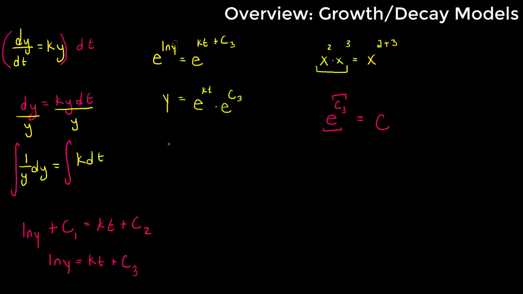So what this means, to finalize, we'll have y equals e raised to the kt power multiplied by c, and we can go ahead and rewrite this as c multiplied by e to the kt power. So what this means is that all solutions of dy/dt equals ky are all of the form y equals c times e raised to the kt power.